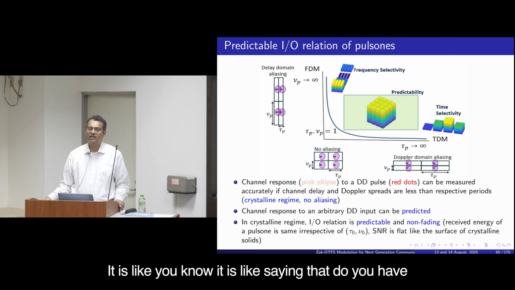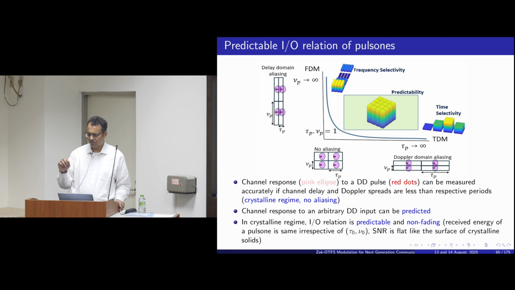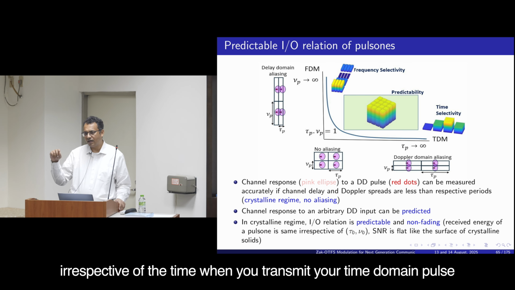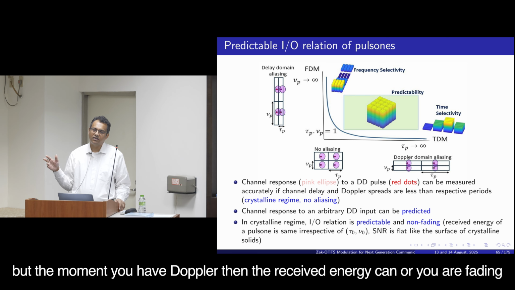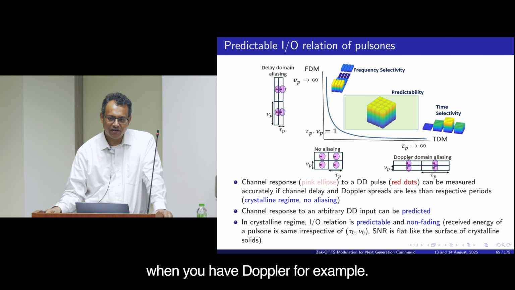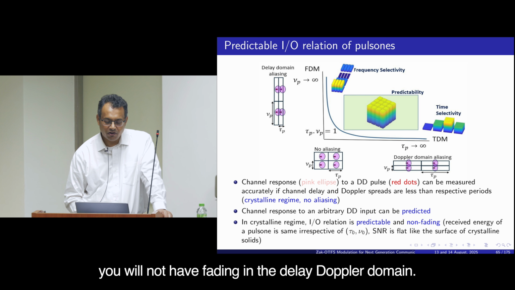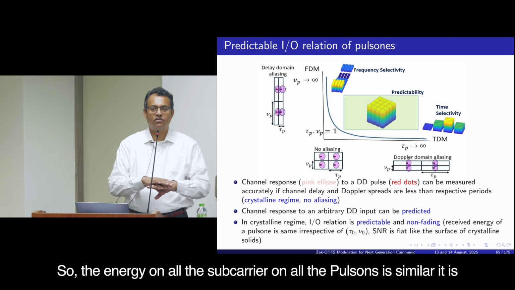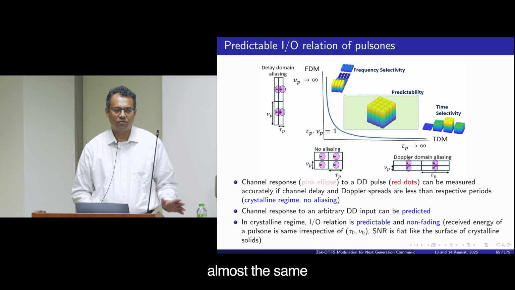It's like saying that in an AWGN channel, irrespective of the time when you transmit your time domain pulse, the received energy is the same, right. But the moment you have Doppler, or you are fading, then the received energy will fade in time, right. But here, as long as you satisfy the crystallization condition, you will not have fading in the delay Doppler domain. So, the energy on all the pulsons is almost the same.